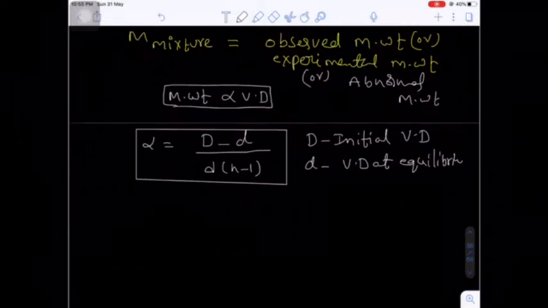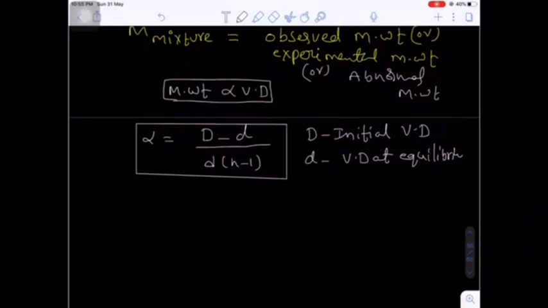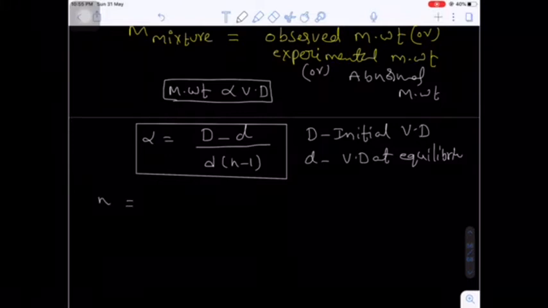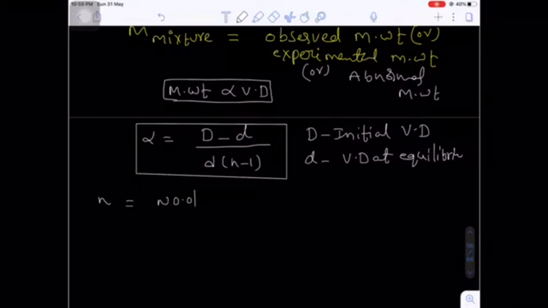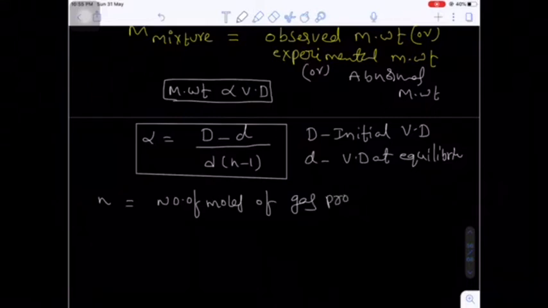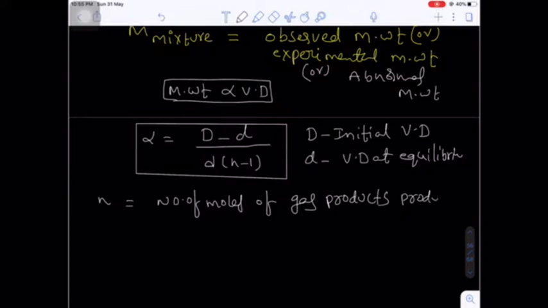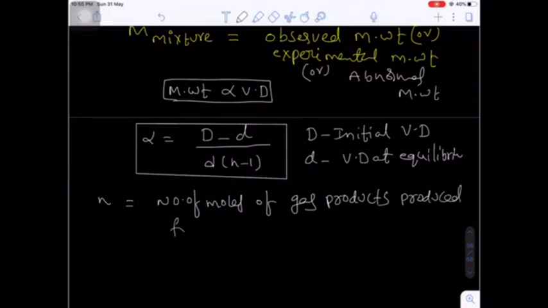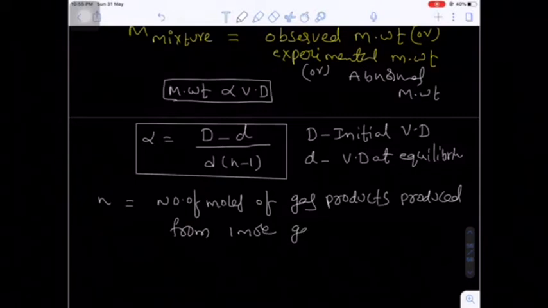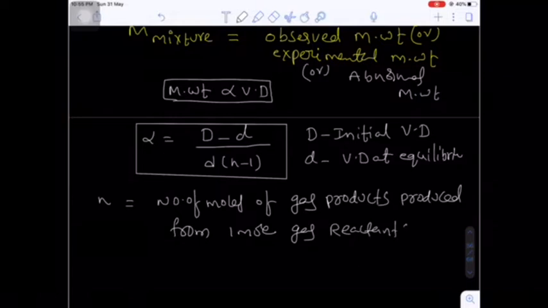Now the important thing is the n value. Here n is equal to the number of moles of gas products produced from 1 mole gas reactants.